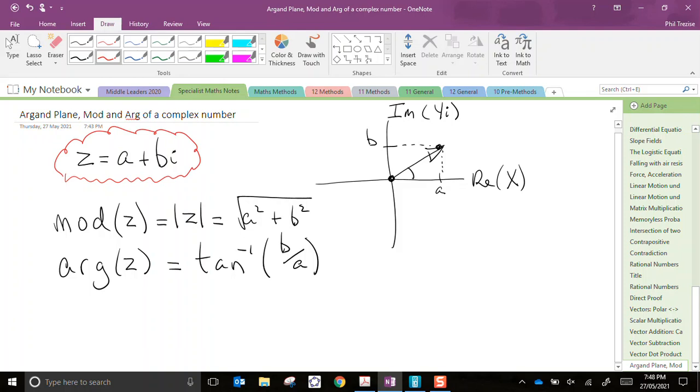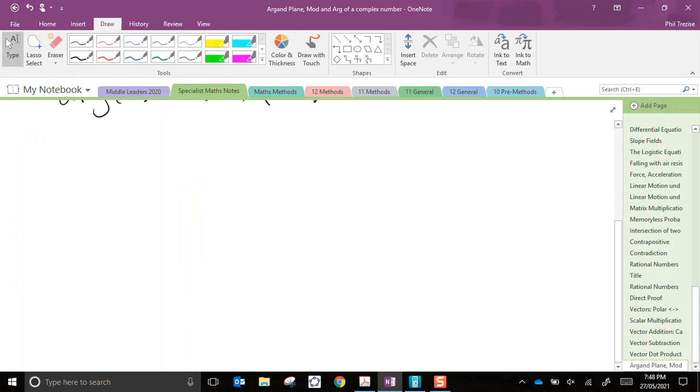There is the length of the thing, called modulus. There is the angle compared to the real axis, which is called the argument. And they behave just like vectors. We can add them, we can subtract them, we can do all those normal things that we do with vectors with these complex numbers.